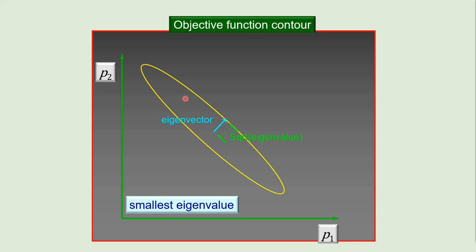That means we've got parameters which are highly correlated, which cannot be separated through the inversion process because the calibration data set doesn't have the information to do so. Knowing the fact that the ratio of our lowest to highest eigenvalue is very small tells us that perhaps we are estimating too many parameters through what we thought was a well-posed inverse problem.